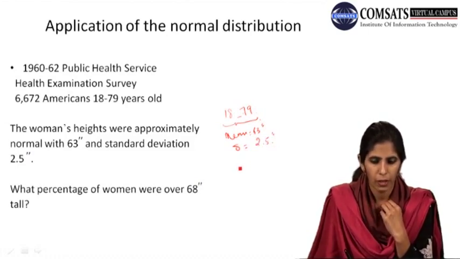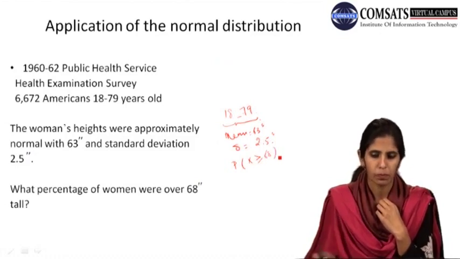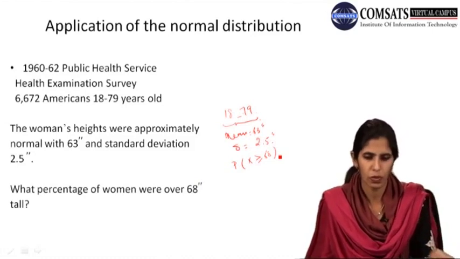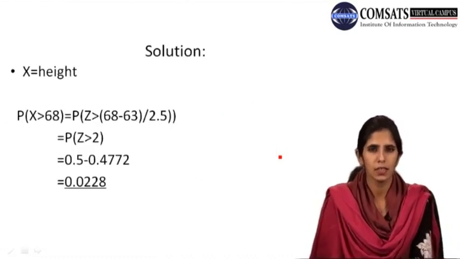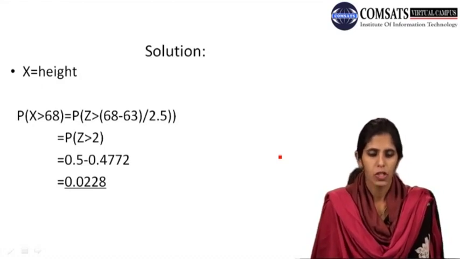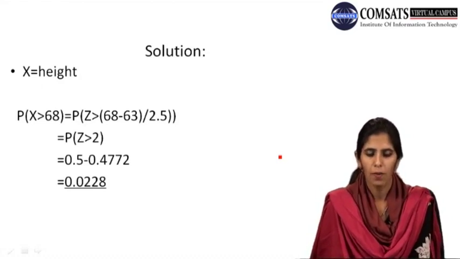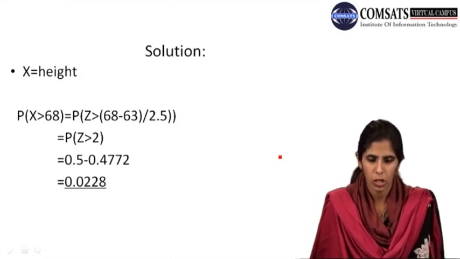So we need to identify the probability that x is greater than or equal to 68. That is something we are about to study. In this case, x is the height of the woman, so the probability of x greater than 68 is the probability of z greater than (68 minus 63) divided by 2.5, which is the standard deviation.